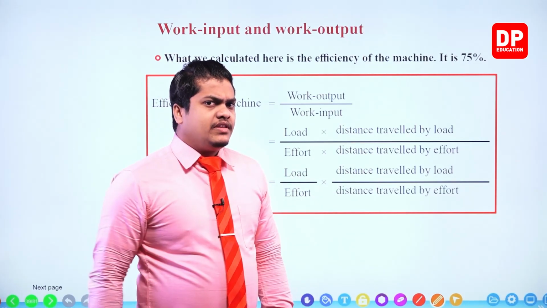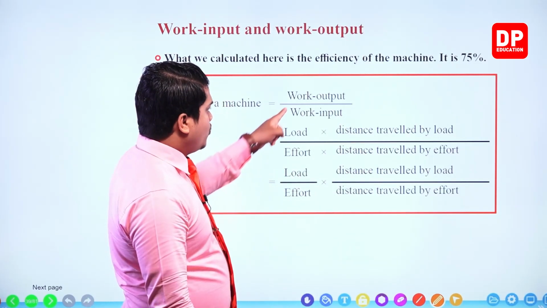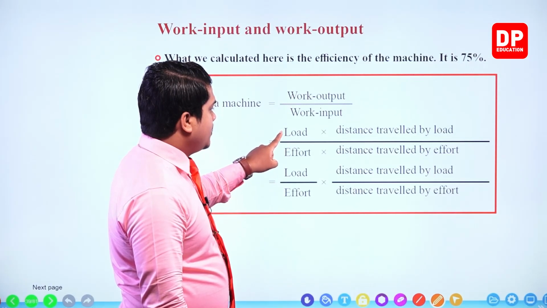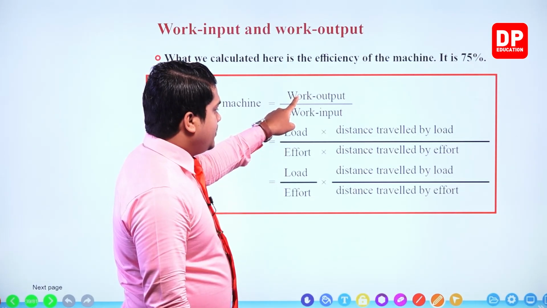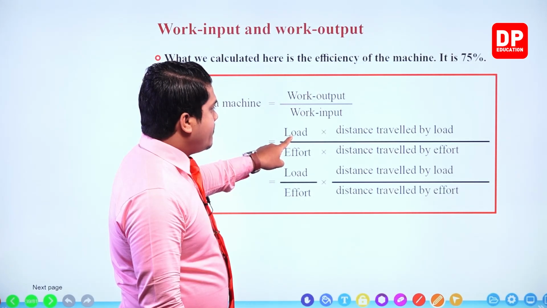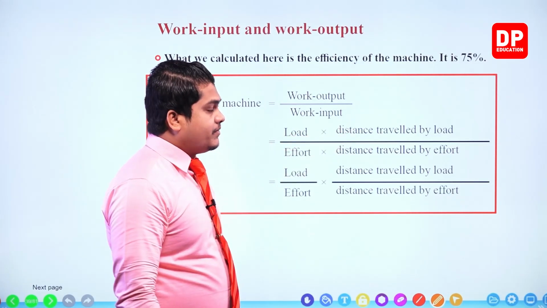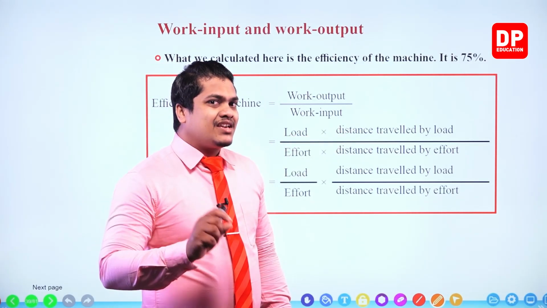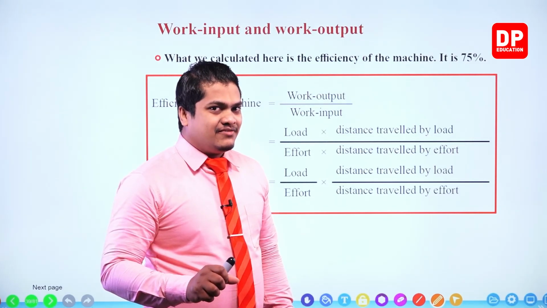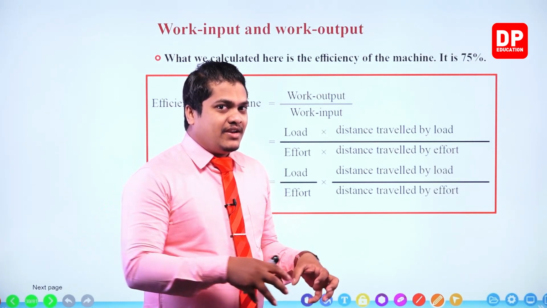When you go further with this part, my dear children, you know that work output is equal to load multiplied by the distance traveled by the load. Work input means the force or the effort that we are providing.